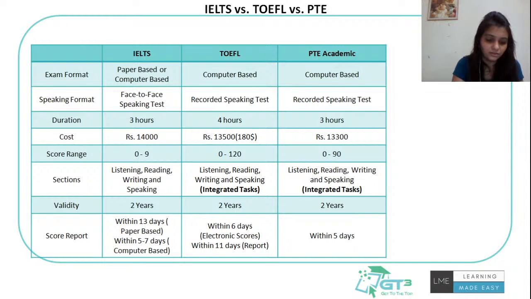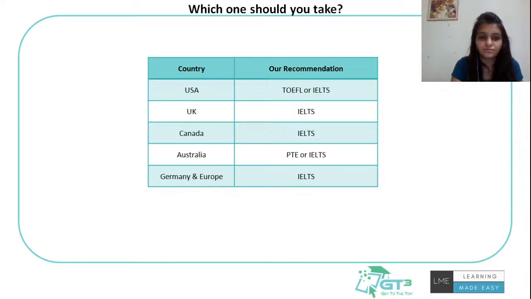Now moving further. Which one should you target for? That is USA, UK, Canada, Australia, Germany. If you are aiming only for the USA, if you feel that you only want to go to the USA, you can always attempt TOEFL or IELTS.